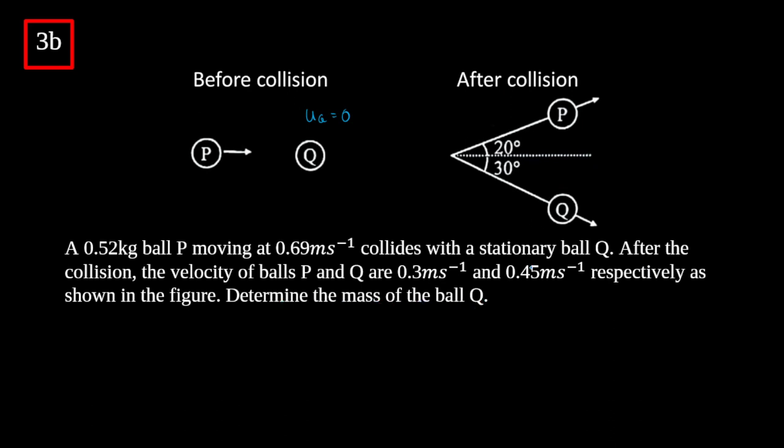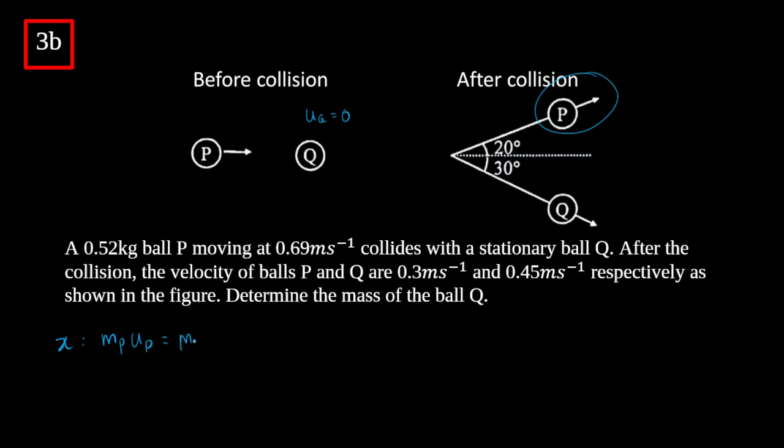Whenever we find questions like this, because we're talking about collision, we want to see if we can apply conservation of momentum. Because there's no mention of it being an elastic or inelastic collision, we can safely assume we do not need that as of this moment. So what I can say is momentum in the x direction is simply going to be mp up equals to, again, I can resolve p.